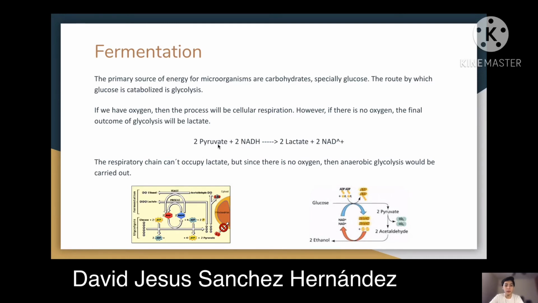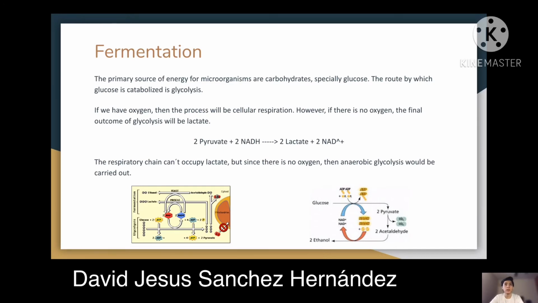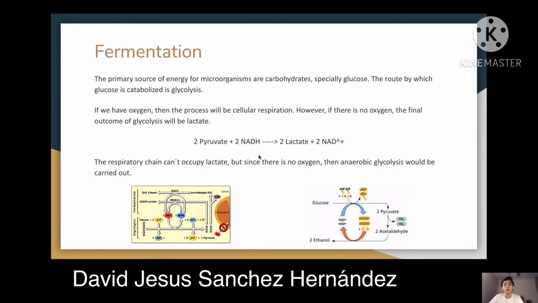Here is the formula of fermentation when using glucose. It's 2 pyruvate plus 2 NADH, which stands for nicotinamide adenine dinucleotide hydride, and this transforms to 2 lactate plus 2 NAD+. NAD+ is the same compound as NADH.